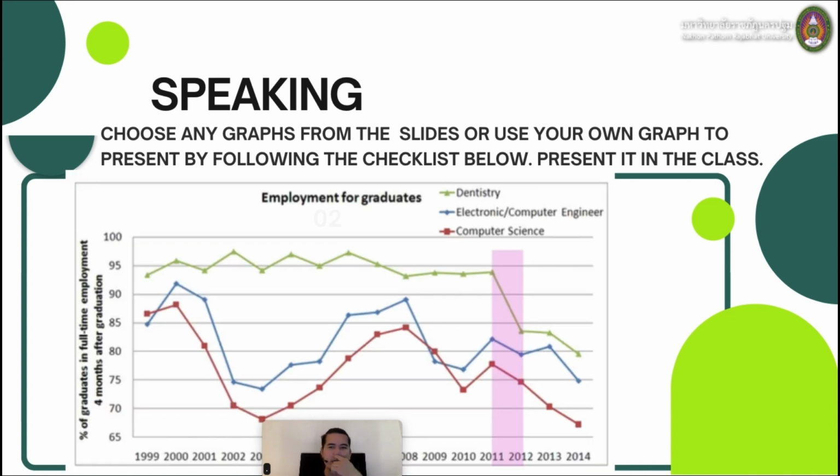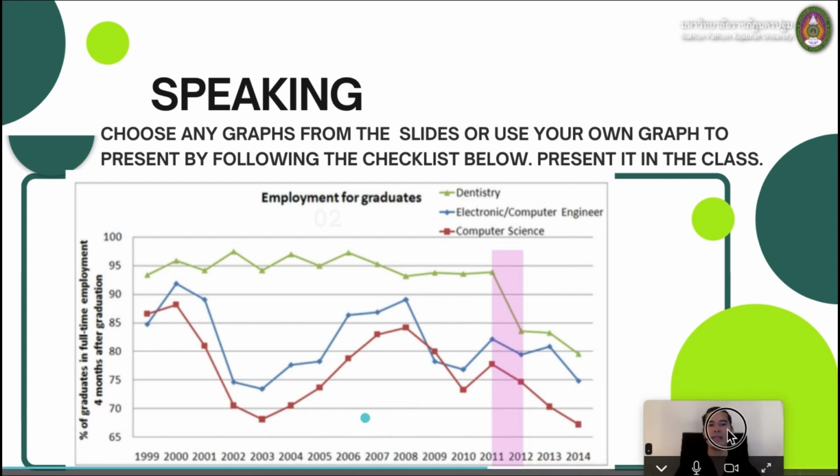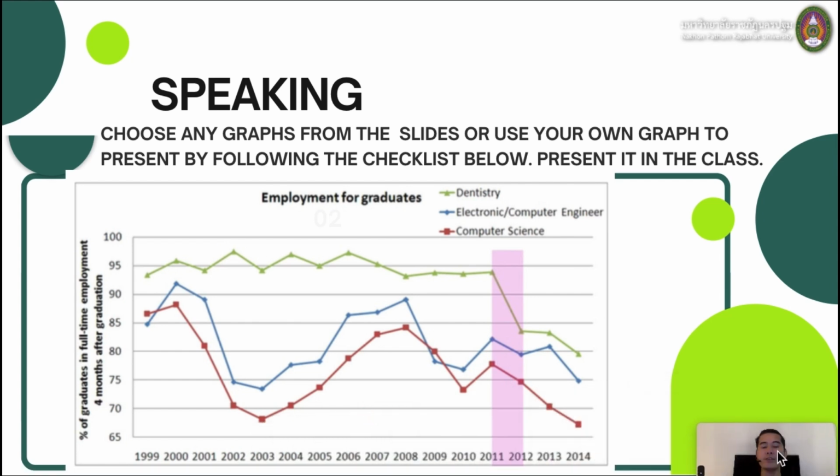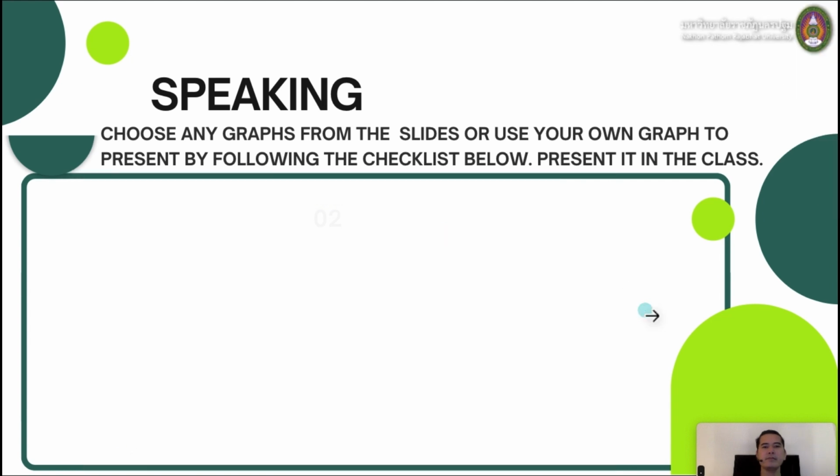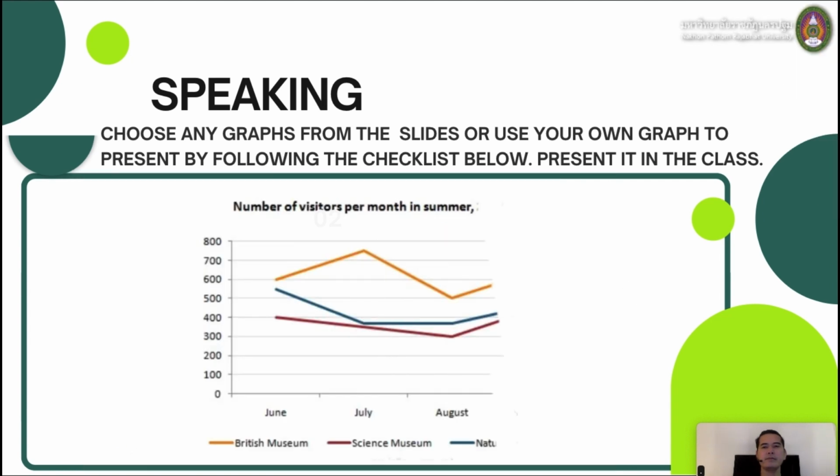All right, so choose any graph. This is an example for a graph. This is a line graph. You can use this one or you can use your own graph. I will give you here five types of graphs.